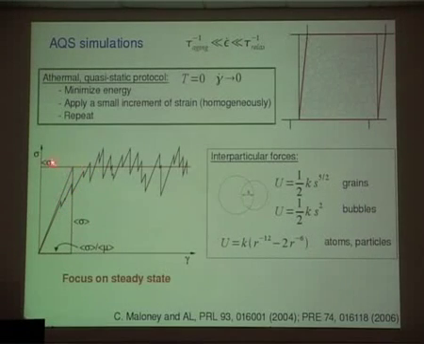If you plot stress versus strain, the system produces a serrated curve. The ramps correspond to the elastic loading, and any drop corresponds to a situation when the system has reached instability and has had to fall in search of a new local minimum.